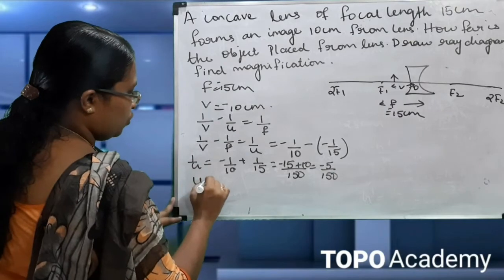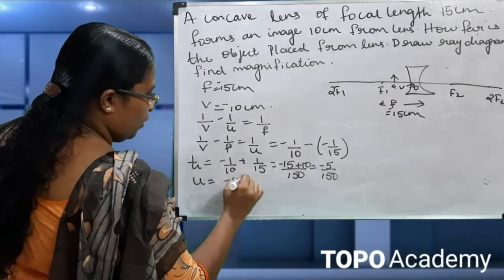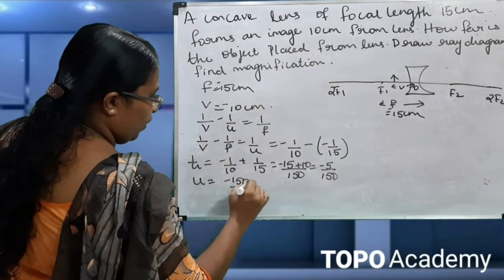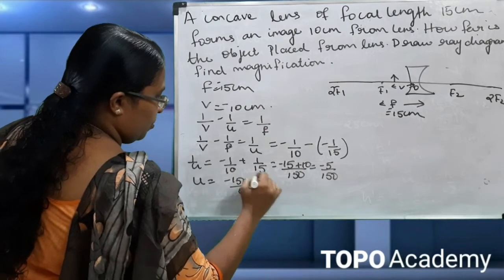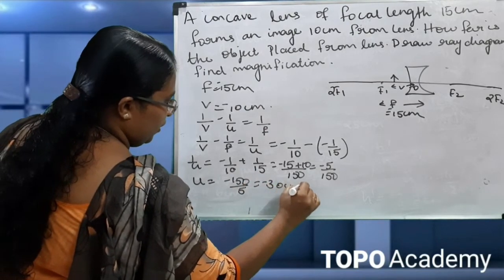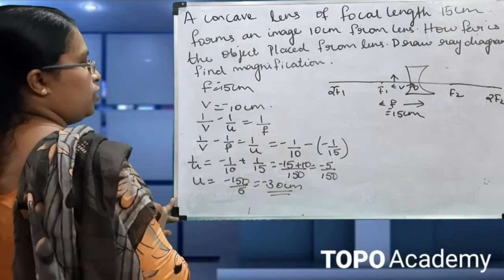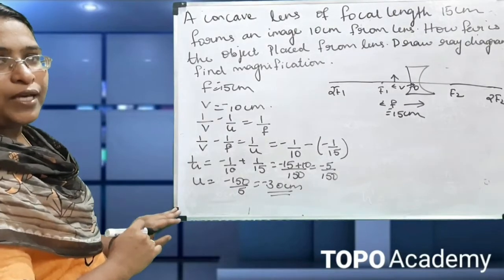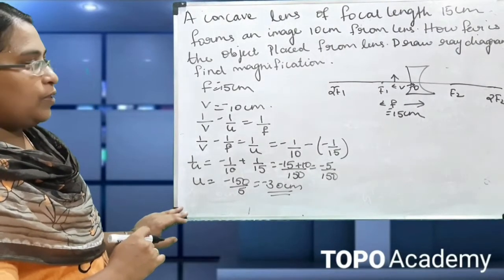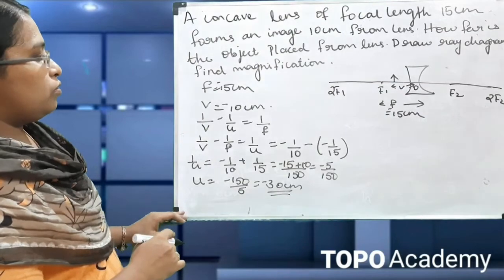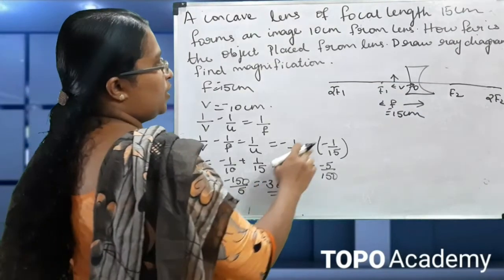So U is equal to minus 150 divided by 5, which is minus 30 centimeter. So the object is placed at minus 30 centimeter.